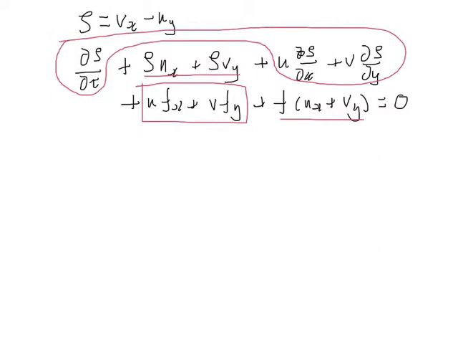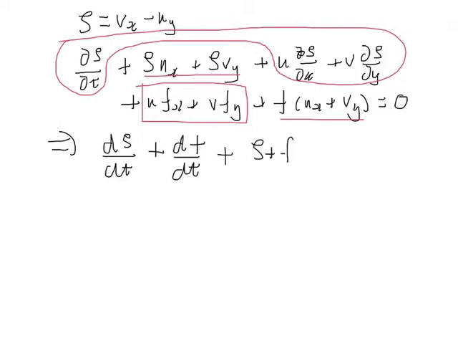So in fact we could think of this as the total advective derivative of f. Alright, so this implies that what we get is the total derivative of zeta plus the total derivative of f with respect to t, because the partial of f with respect to t is equal to 0, plus (zeta plus f) times (ux plus vy) is equal to 0.